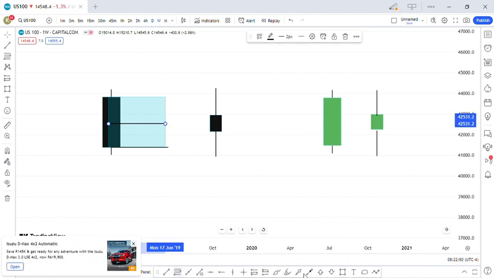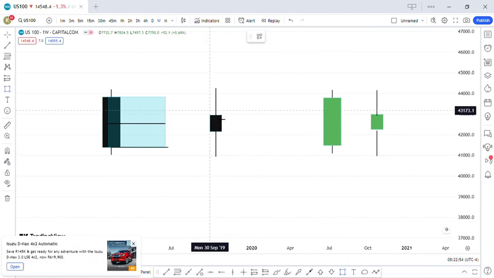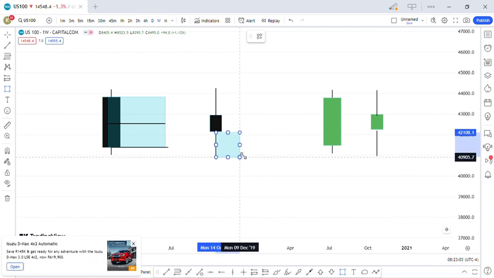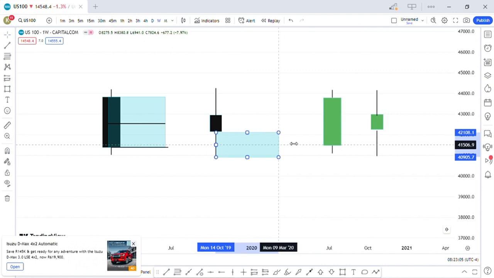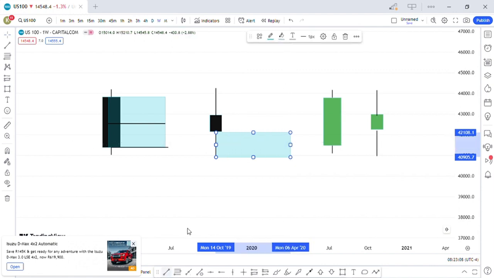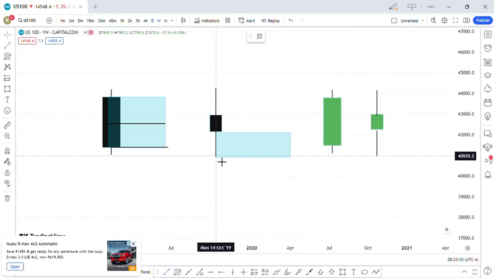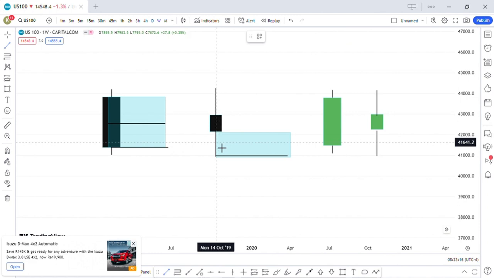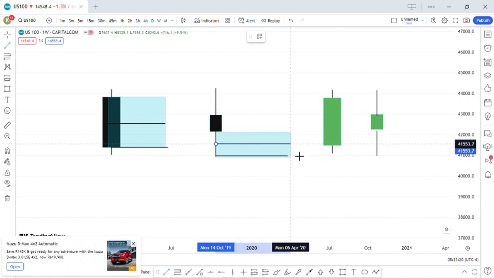And with the candle that has a smaller body and lower wicks, I like to use the open to the low. That means I use the wick, open to the low, and similarly, I use the low or I use the 50% of the wick.